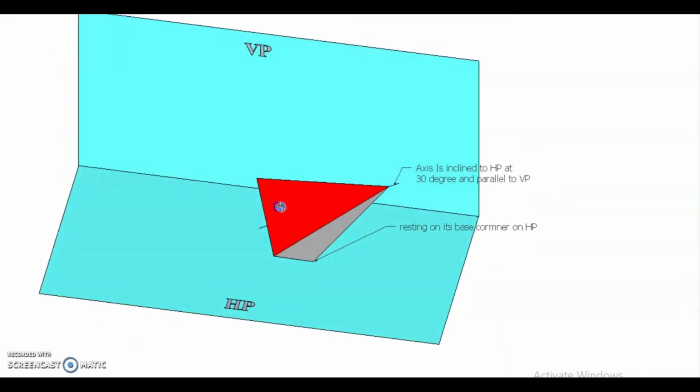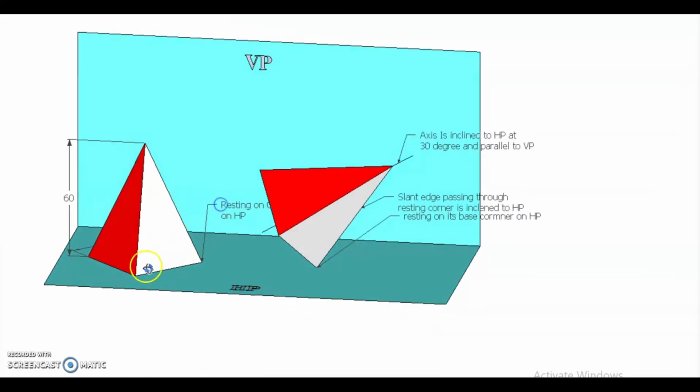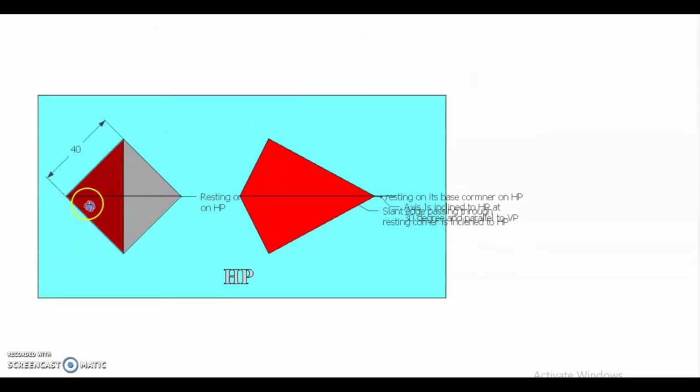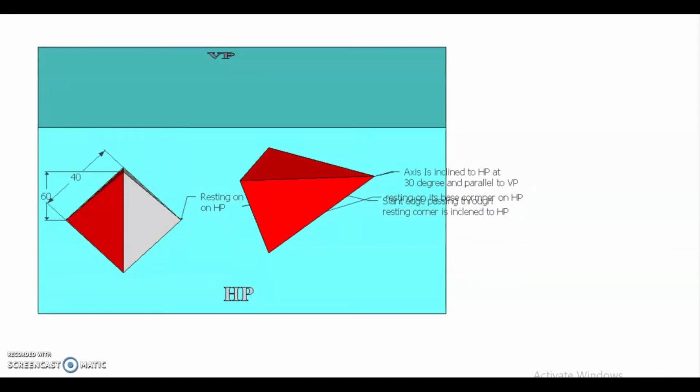So initially assume that the given square pyramid is fully resting on HP. Draw its top view, showing the slant edges in visible mode, then draw its front view. The front view will appear like this.